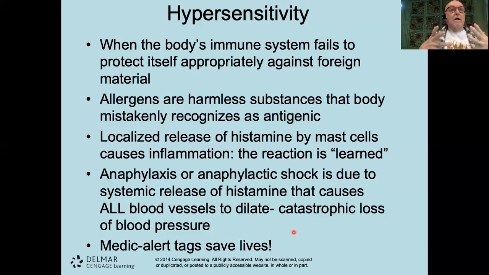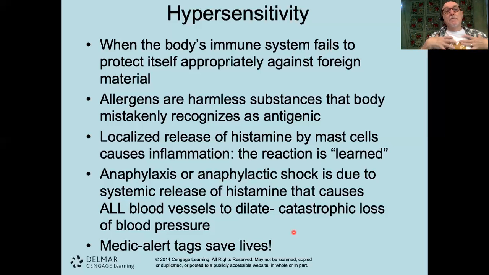If you are allergic to bee venom, mast cells all over your body release histamine, and blood vessels all over your body start to dilate and start to leak fluid, for example. There are other reactions as well, but those are the most important ones. If all of the blood vessels of your body dilate, what is going to happen to your blood pressure? Your blood pressure is going to plummet, catastrophically plummet, very, very low.